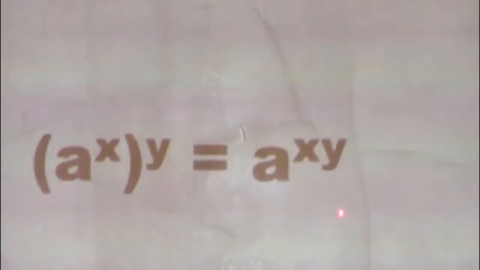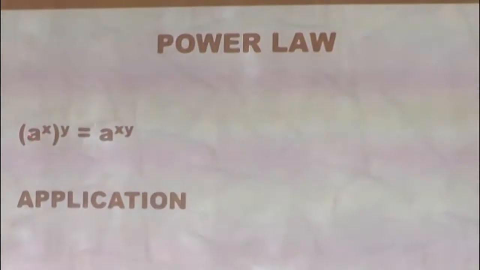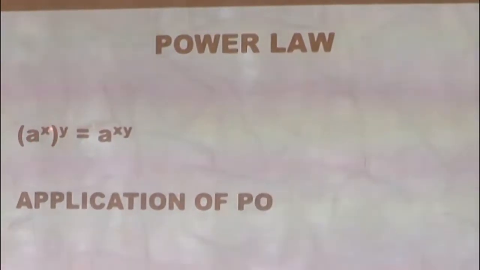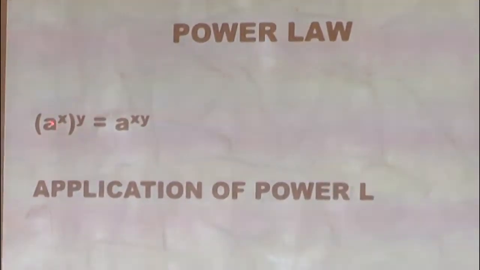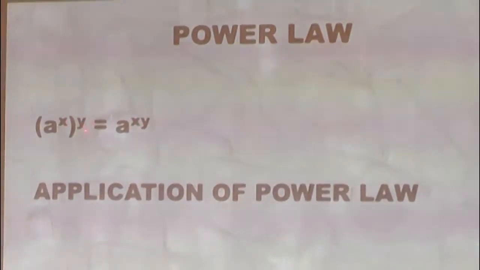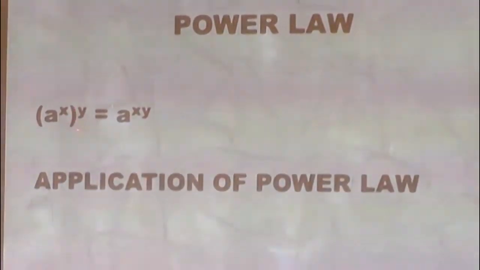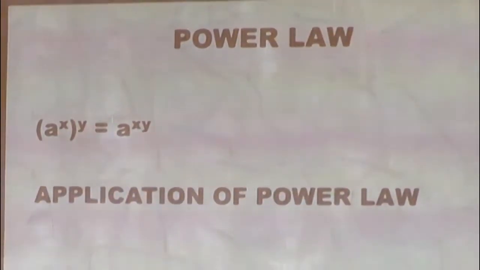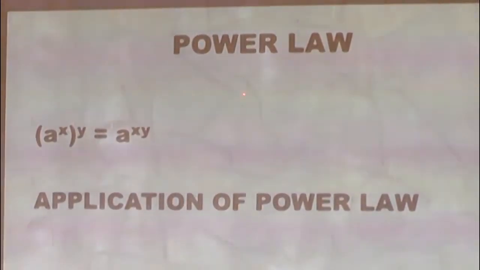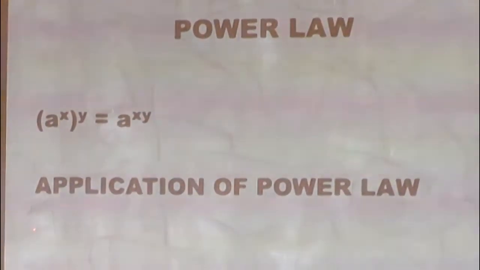So you are going to multiply this x by y to give us the result of a raised to the power of x y, and this a could be any non-zero value, and this x could be any value, and y also could be any value. Note that.